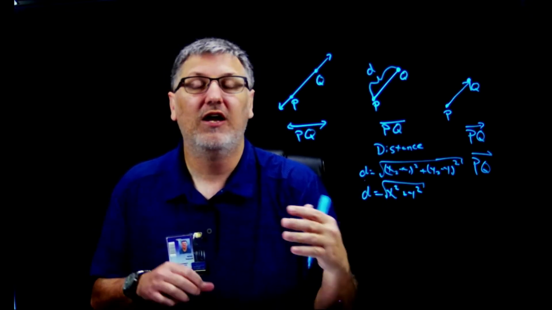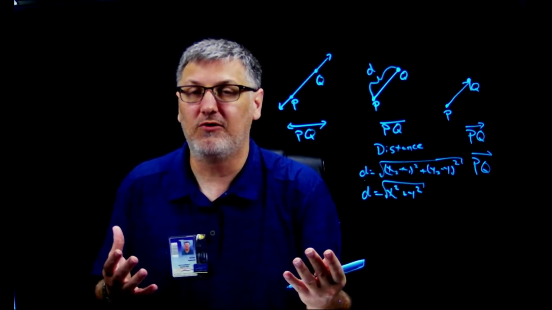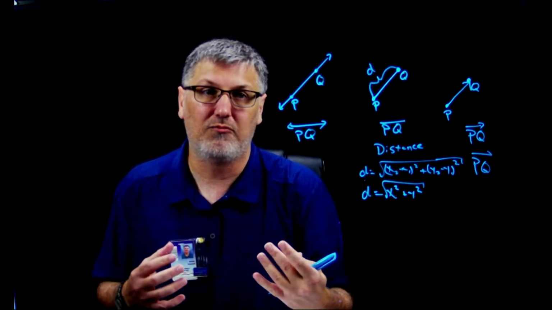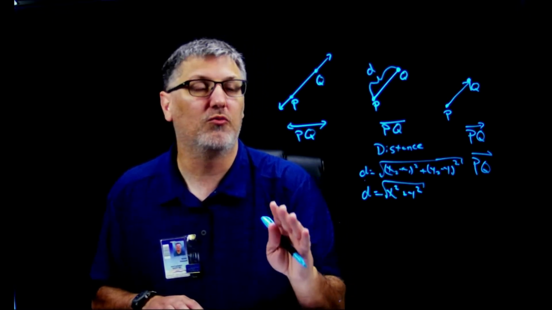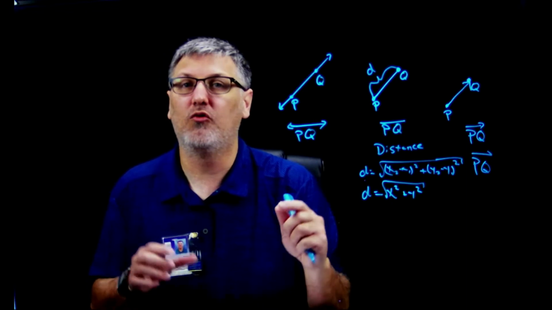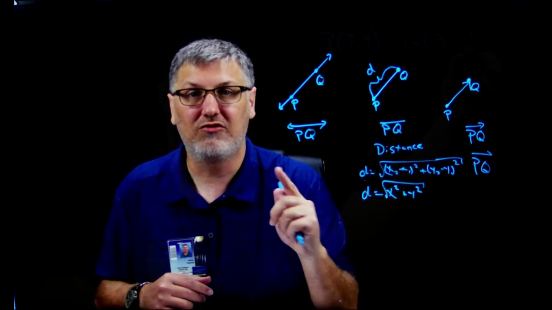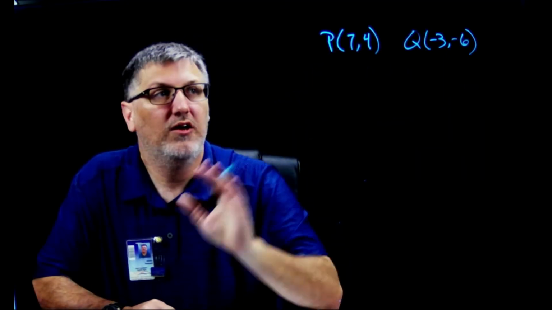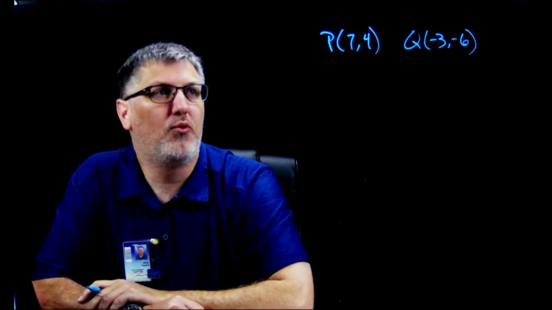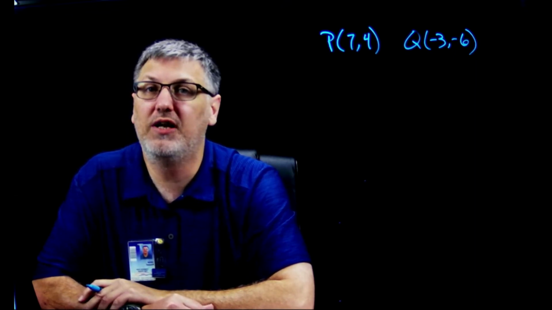Now from this, it opens up a realm of possibilities that we can use to solve a lot of different problems. But the first thing we're going to do is see how we can go from two points, like point P and point Q, and write it as a vector. So let's look at that now. I have two points here. I have point P, which is (7, 4), and point Q, which is (-3, -6).